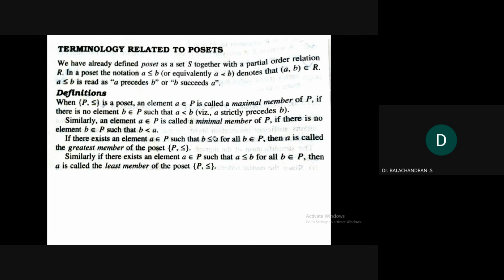I am comparing A with all elements of capital P, and still it is bigger, so it is the greatest member. Similarly, if there is an element A in P such that A ≤ B for all elements B in capital P, then A is called the least member of the poset.